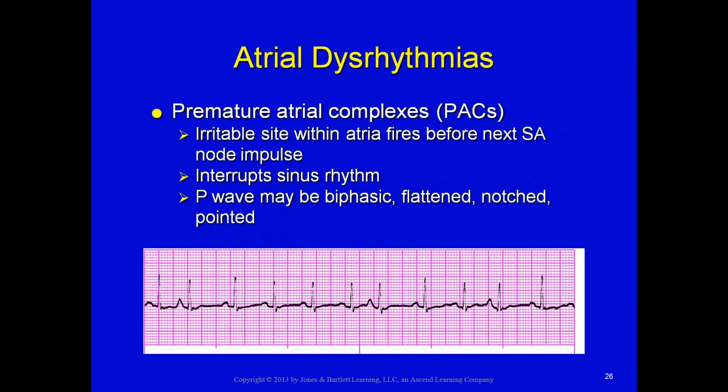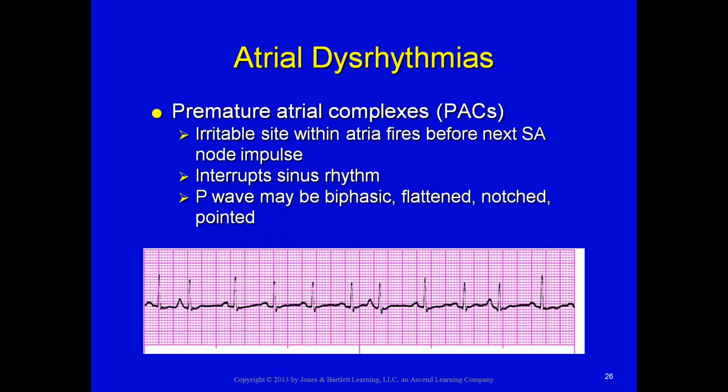It's going to interrupt the sinus rhythm, and again, the P wave is not going to look like all the other P waves. So if you look at this strip here, you can see the second complex and the seventh complex are premature. They come early.